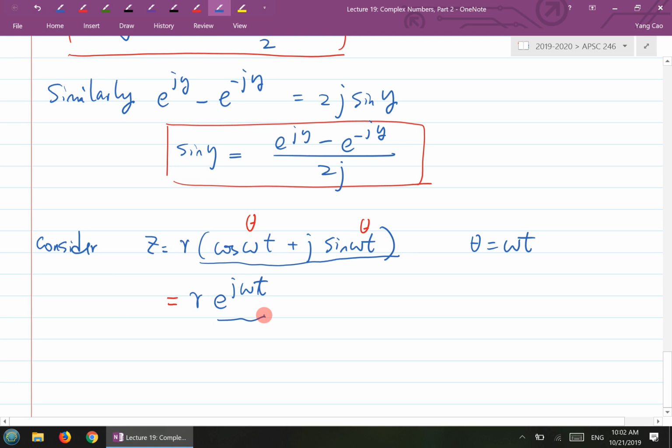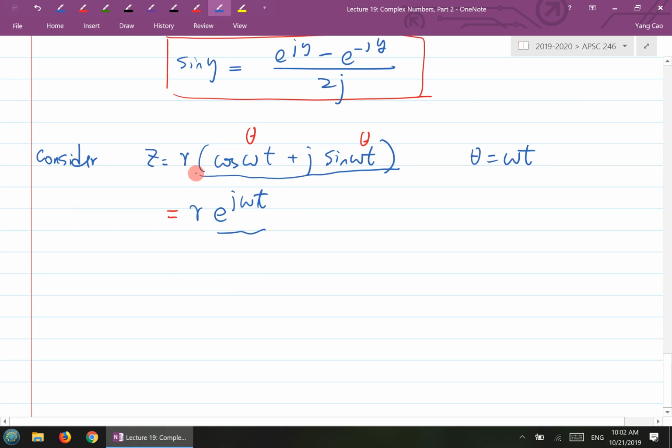Okay. So what does this complex number actually do? Let's give it a little bit of physical meaning here. When you have a complex number z equal to r times cosine omega t plus j sine omega t, r is a constant. If you plot z, theta changes at omega t, and theta changing at omega t basically means you have a rotational motion.